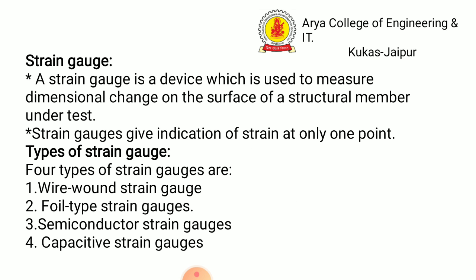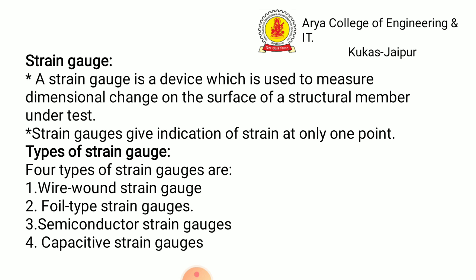A strain gauge is a device used to measure the dimensional change on the surface of the structural member under test. A strain gauge gives an indication of the strain at only one point.